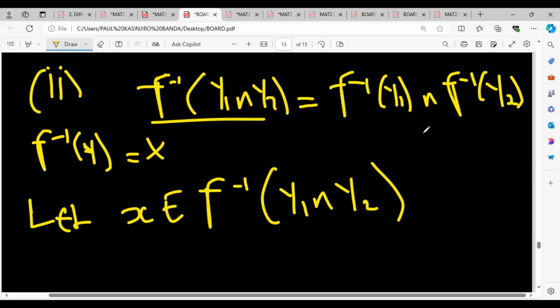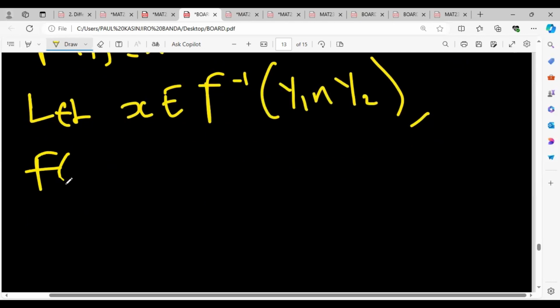And we said the y is the same as f of x, but f inverse of y is the same as x. So if x is a member of f inverse of Y1 intersection Y2, then it means that y, or the f of x, is actually a member of Y1 intersection Y2.